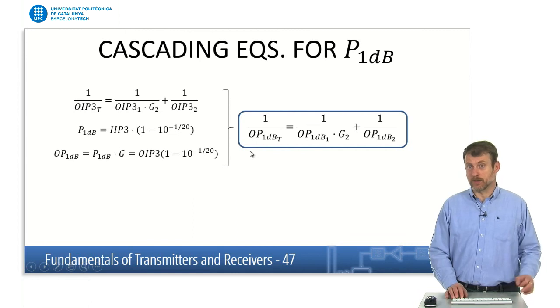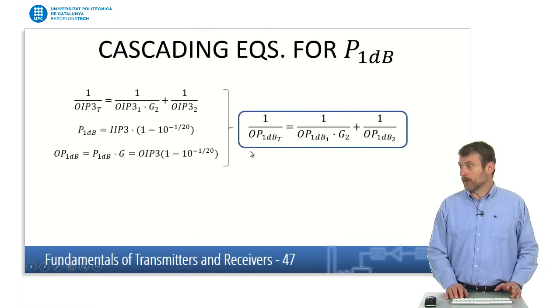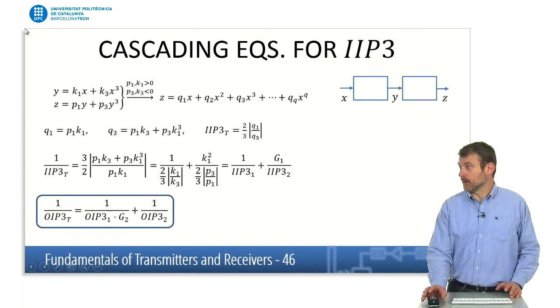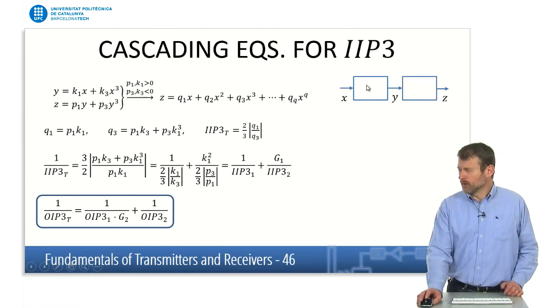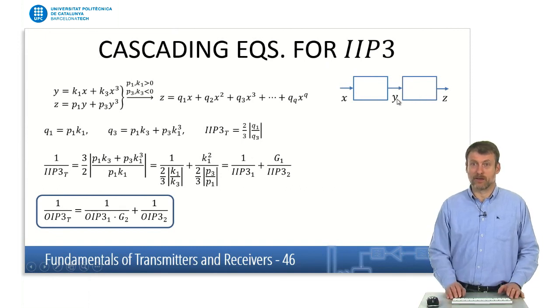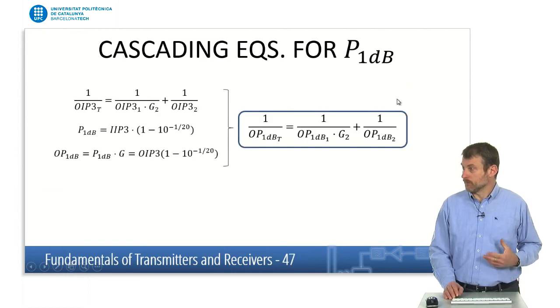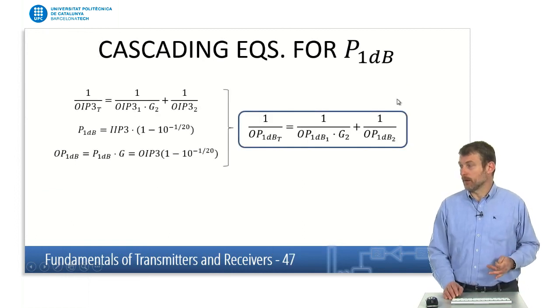But again, recall that in any case, the nonlinear model for all these elements makes assumptions that are very restricting, and therefore these equations have to be taken with care, because in practice there are many elements that may make them not directly applicable.